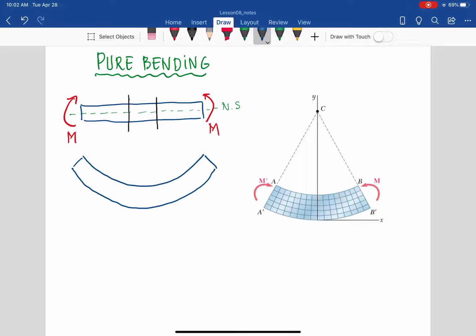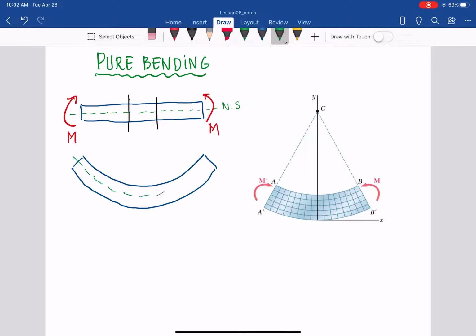With that bending, the line in the middle, the neutral axis, and the stripe basically become like that.